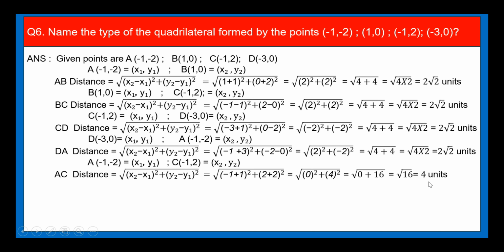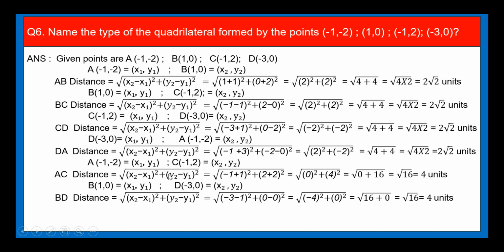Good. Now let us find the second diagonal. The second diagonal is BD. B coordinates are 1, 0 and D coordinates are minus 3, 0. Consider B coordinates as x1, y1 and D coordinates as minus 3, 0. Now BD distance is x2 minus x1 whole square, that is minus 3 minus 1 whole square, plus y2 minus y1, 0 minus 0 squared.